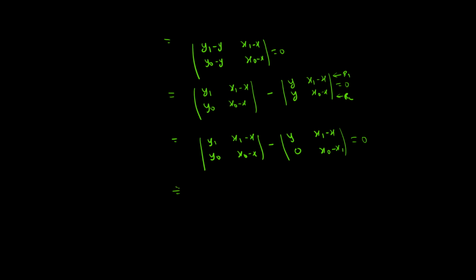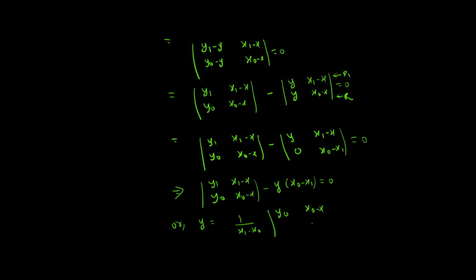So we arrived at y1 y0, x1 minus x, x0 minus x, minus y into x0 minus x1, equal to 0. Or we can write y is equal to 1 upon x1 minus x0, and as we have changed this sign, these two terms will interchange, that is this would be y0, x0 minus x, and this will be y1, and this term of mine will be x1 minus x.